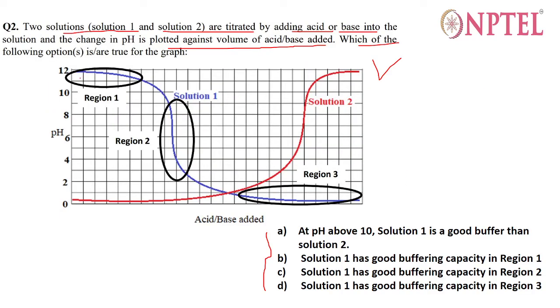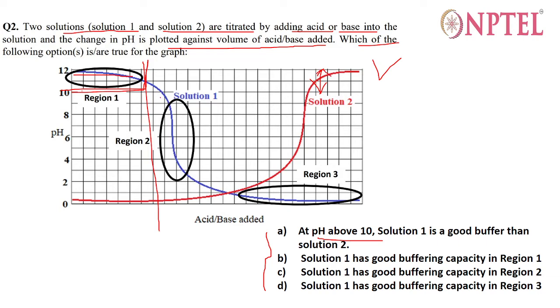So here you can see that if you are dividing this into region 1, 2, and then there's a region 3, 3 sections. If we just go on like that, then we can see that at pH above 10, solution 1 has a good buffering capacity. So in this region, it has a good buffering capacity, right? And here, not much good because this is almost horizontal, but this is coming as a vertical. It's just at the verge of the vertical movement, so it's not good.